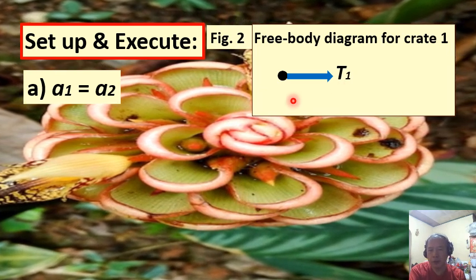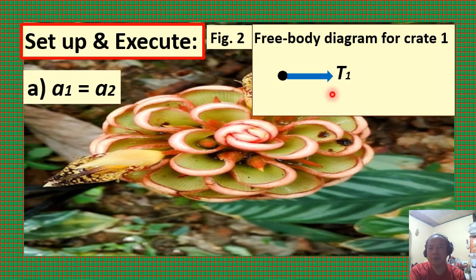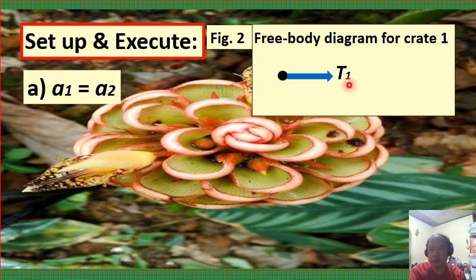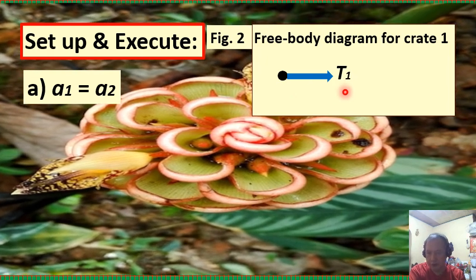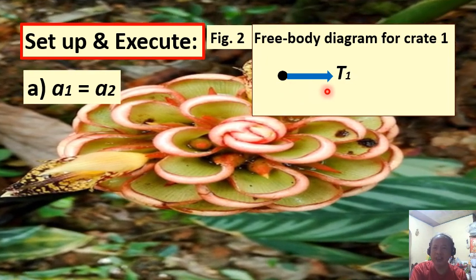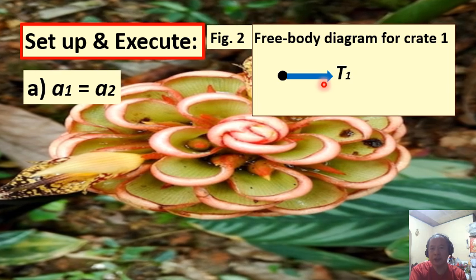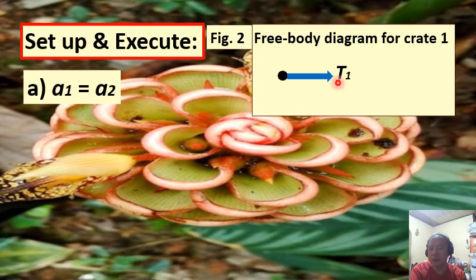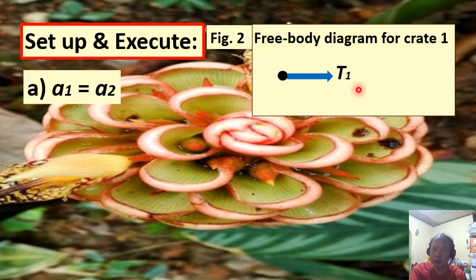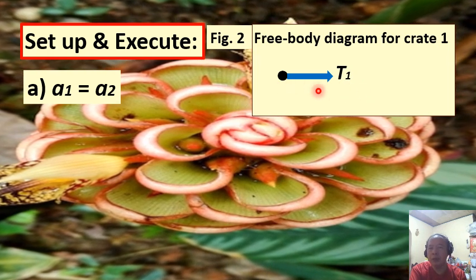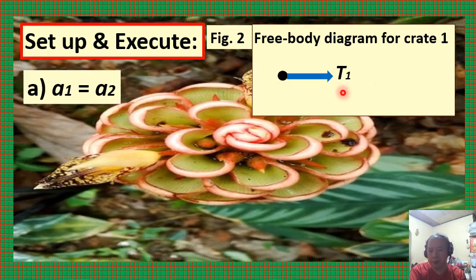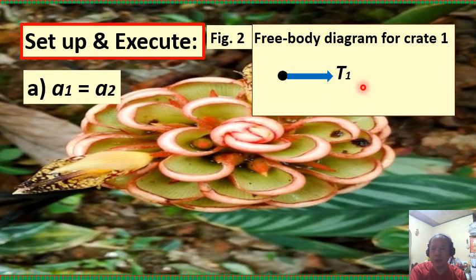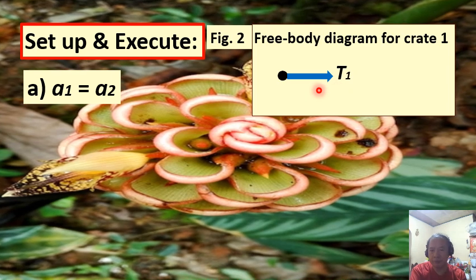So it is as if the two crates, crate 1 and crate 2, are interacting with each other. We consider T sub 1 as the force exerted by crate number 2 on crate number 1. In other words, crate 2 is pulling crate number 1 to the right. And at the same time, crate number 1 is also pulling crate number 2 to the left.